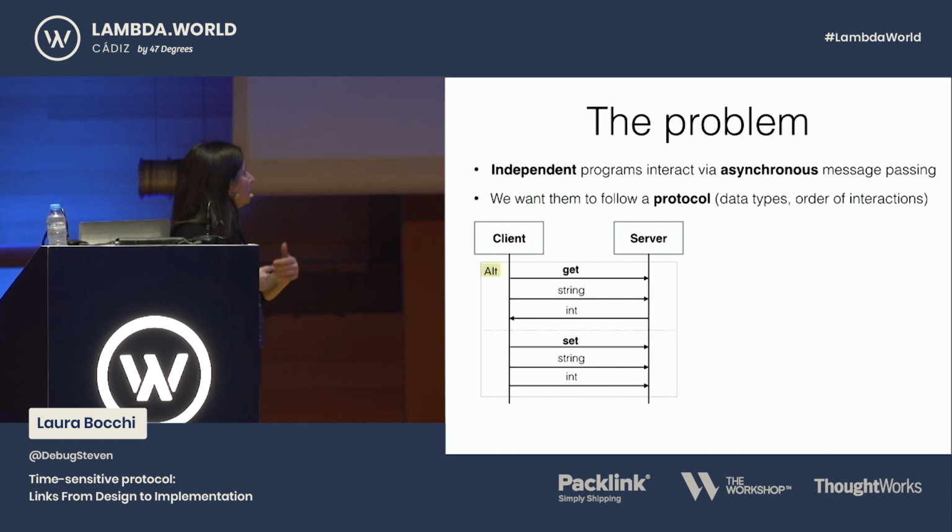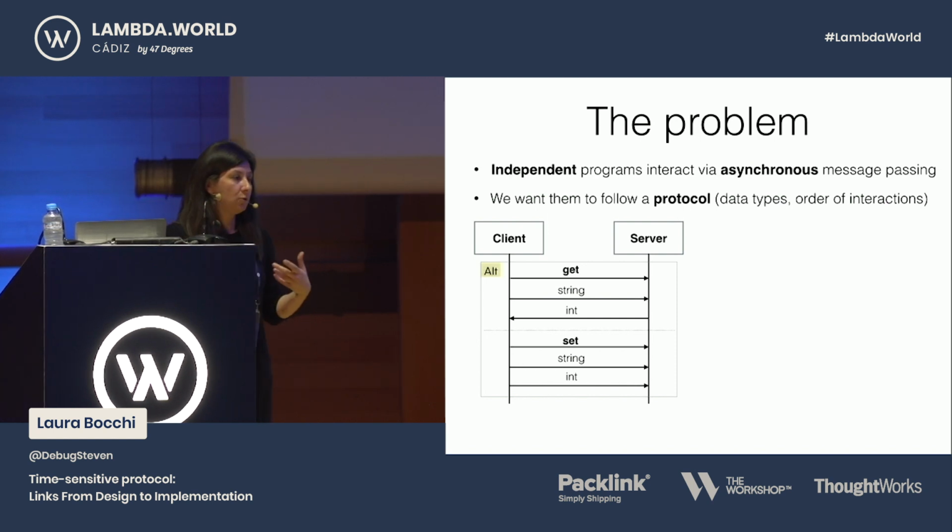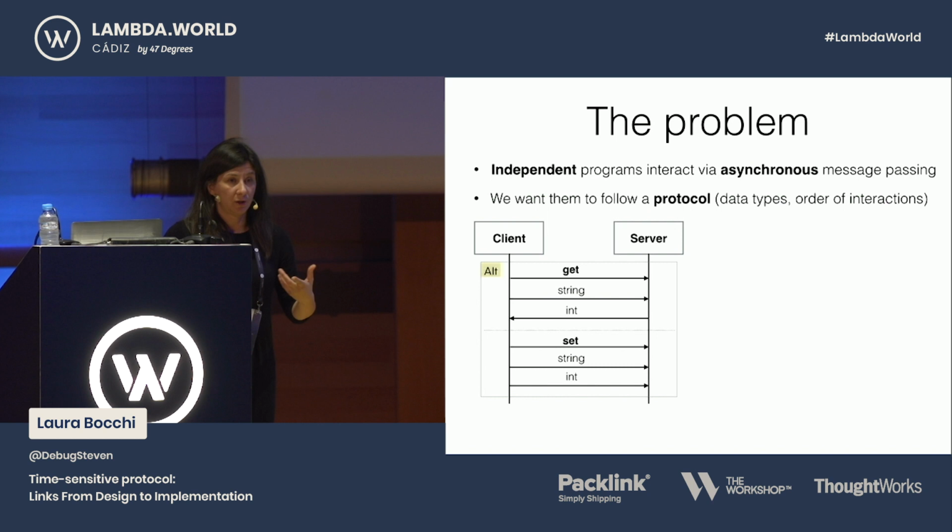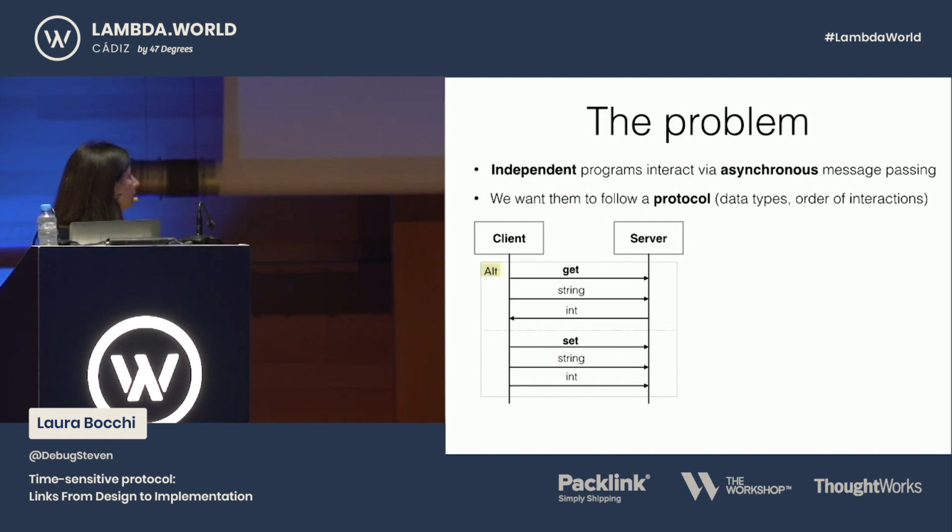And we want these programs to follow specific protocols. By protocol, I mean we want the programs to obey some specific data structures of the messages they need to send and receive, but also some interaction structures, some causality between interactions.